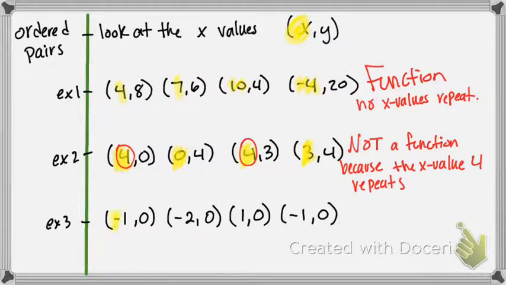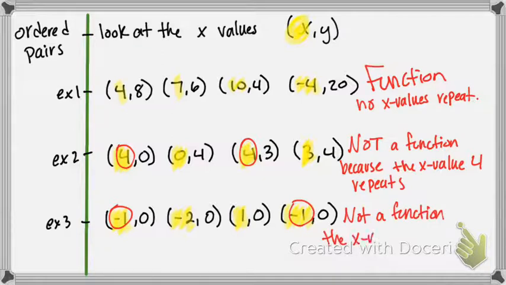We have our x values as -1, -2, 1, and -1. Are there any that repeat? Yes, there are. -1 and -1. So the last one is also not a function. The x value -1 repeats. Very easy. You're just looking at the x values to see if they repeat. If they do, it is not a function.